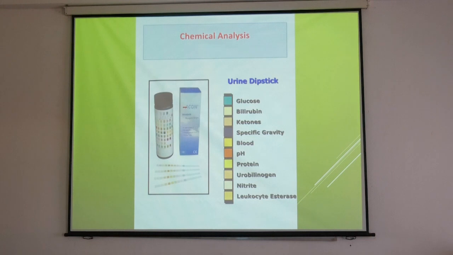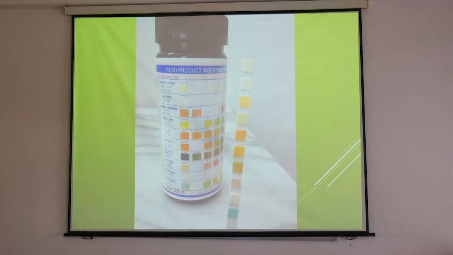After we dry this strip, we have to match the color with the chart on this bottle or provided by the company, so that we can understand which ingredient can be present. Understood? So this is the chart and this is the strip. We have to match these colors to identify, for example, here it is written pH. If we match the color of the strip here with this, then we can find what pH the urine is.